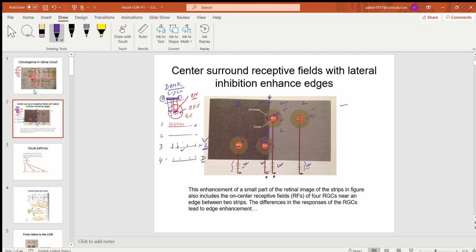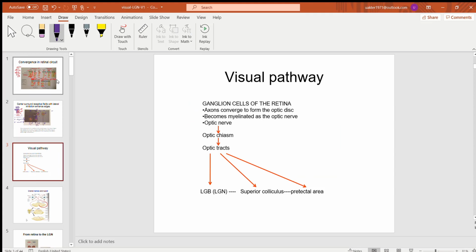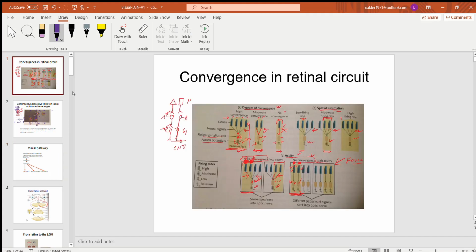Make sense? Okay, so you now know how the photoreceptors can activate the ganglion cells by convergence, by spatial summation, and by the acuity. Okay.